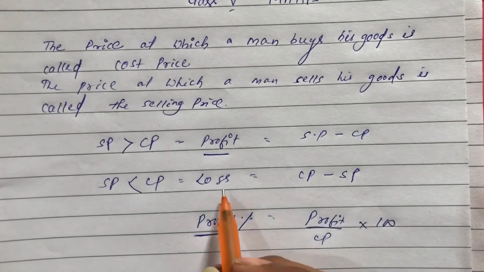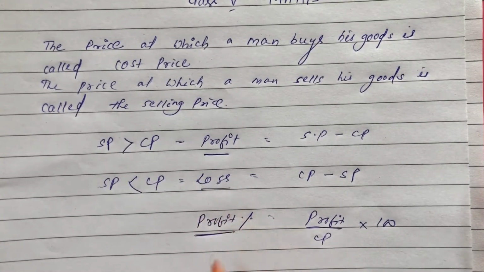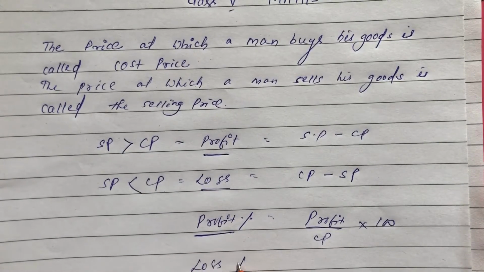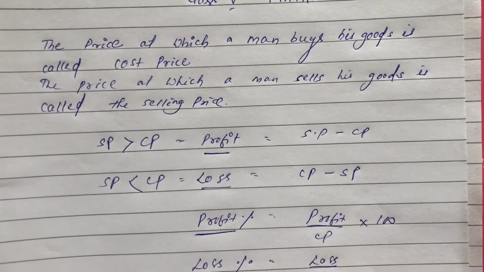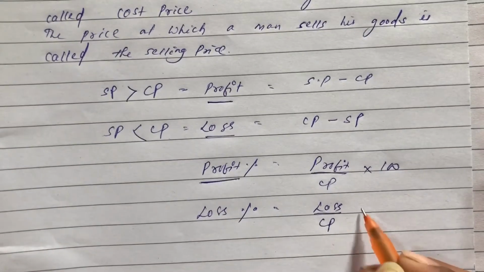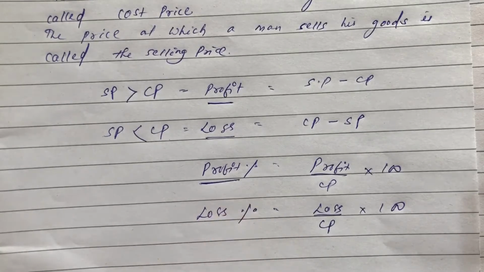And whenever the question says it is a loss, you have to find the loss percent, which is loss by CP into 100.